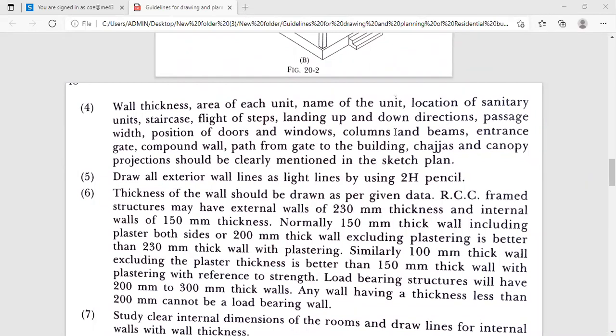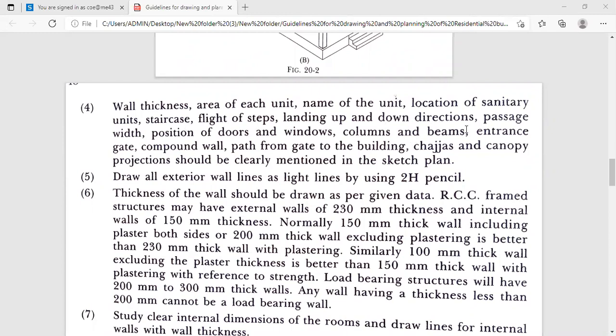That also you have to mention by providing an arrowhead. Just mention up and show the arrowhead. By using that symbol you can mention the up and down direction for a staircase.